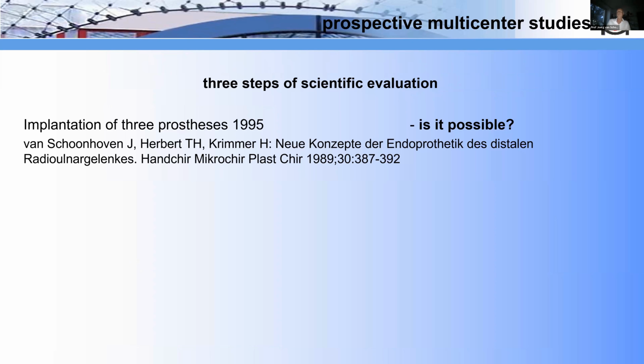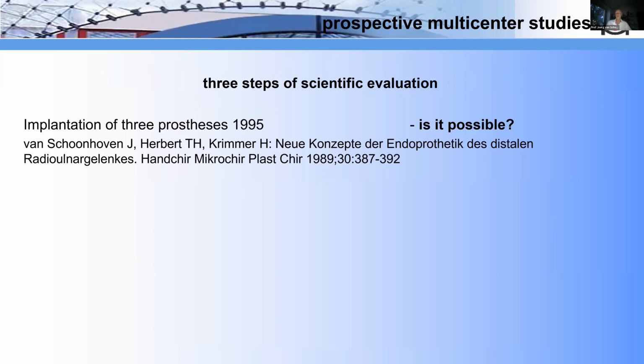So when we finished the final design of the prosthesis after several anatomical and cadaver studies, we asked ourselves 3 questions. Whenever you implement something new, a new method or a new system, you have to ask these 3 questions.